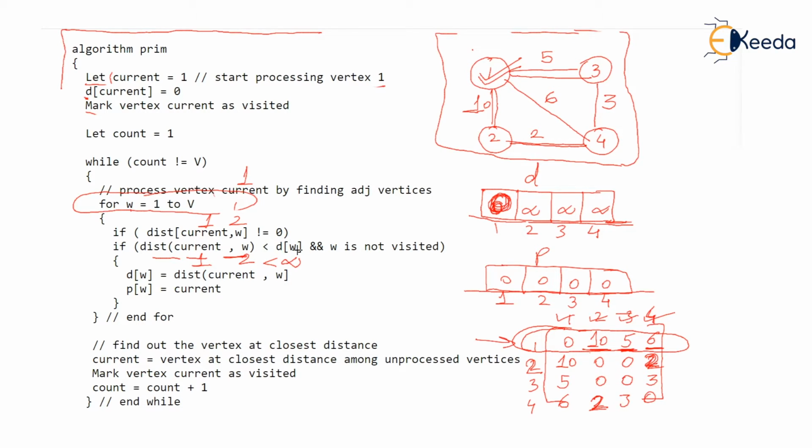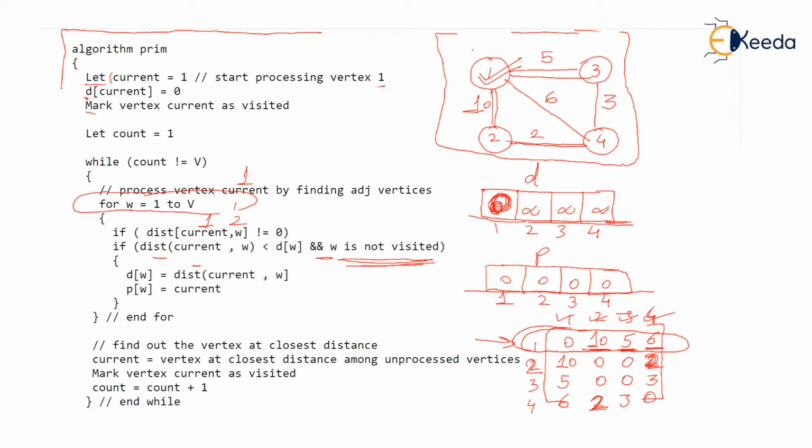That means the new distance that you have found, that is 10, is much less than infinity. And also we check whether that W is not visited. This is so important, isn't it? This condition is so important because you will update the values of the D array only if that adjacent vertex is not yet visited. And you see 2 is not yet visited, isn't it? Only 1 is visited.